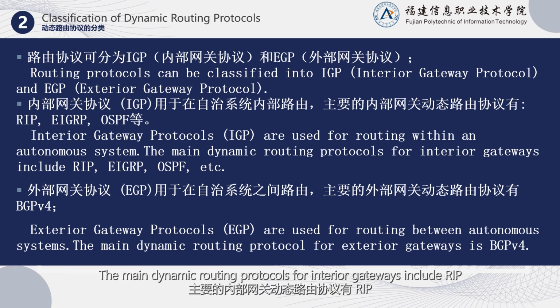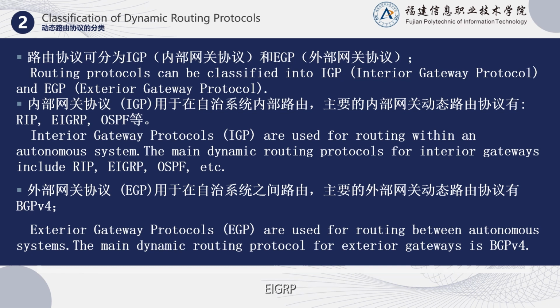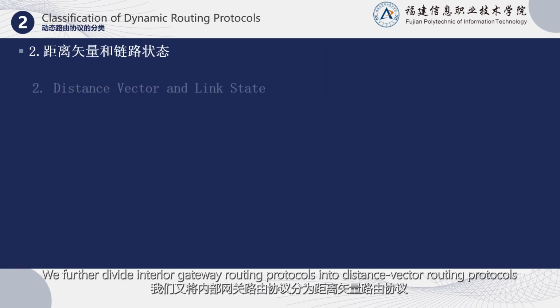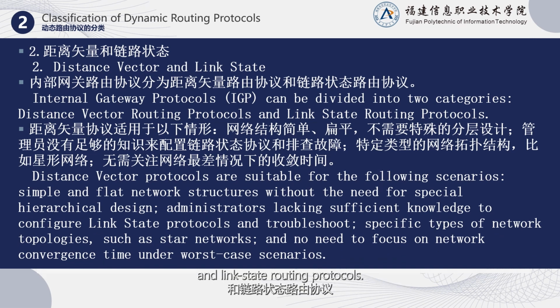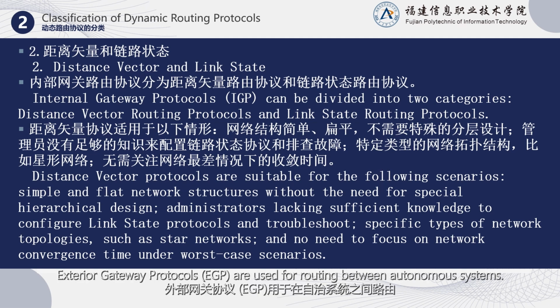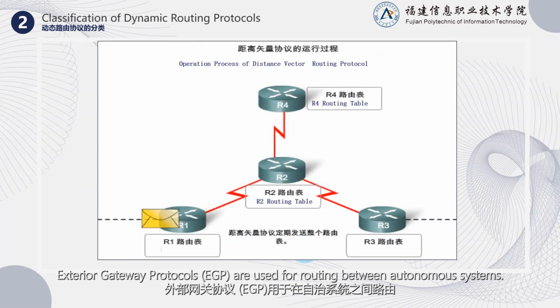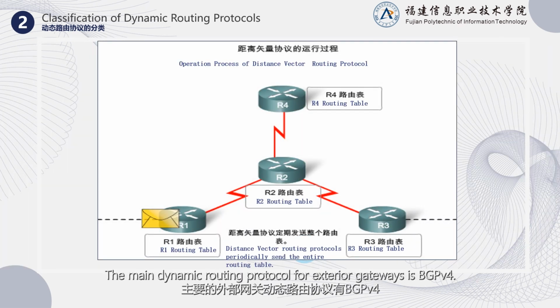The main dynamic routing protocols for interior gateways include RIP, EIGRP, OSPF, etc. We further divide interior gateway routing protocols into distance vector routing protocols and link state routing protocols. Exterior gateway protocols, EGP, are used for routing between autonomous systems. The main dynamic routing protocol for exterior gateways is BGP-v4.